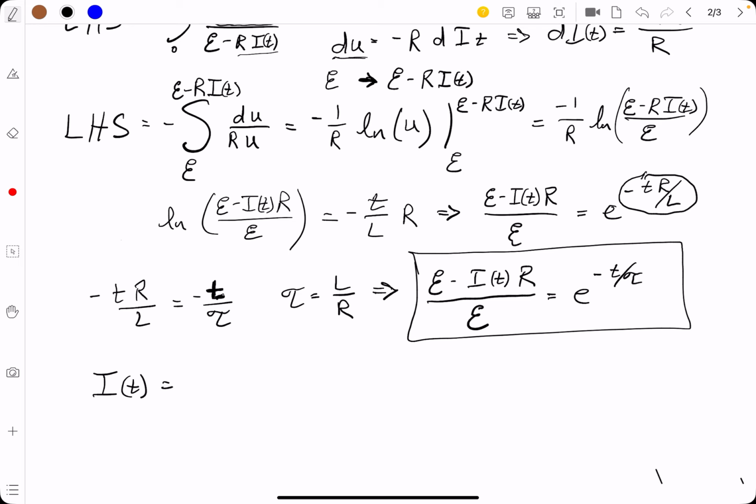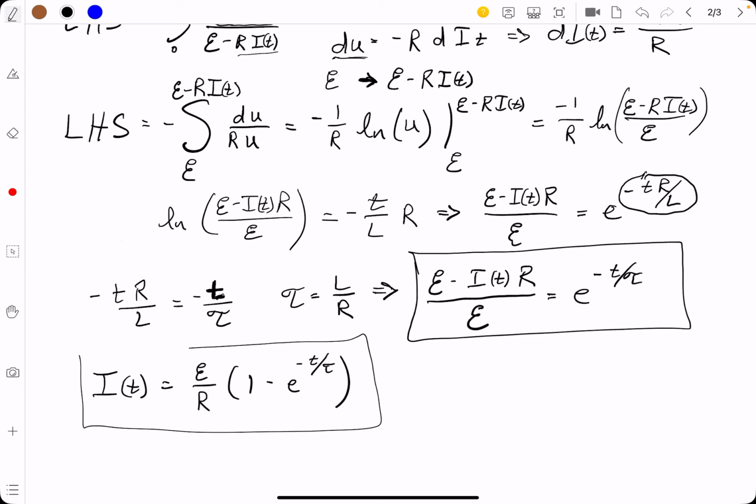If you solve that whole equation, I'm not going to do it. You can go through, do the algebra, and solve for I of t. It'll be simple. You're going to get a nice form of this. Should be straightforward. This is our I of t stemming from our work with the left-hand side, right-hand side deal, and we integrated and all that stuff. And we ended up with this.